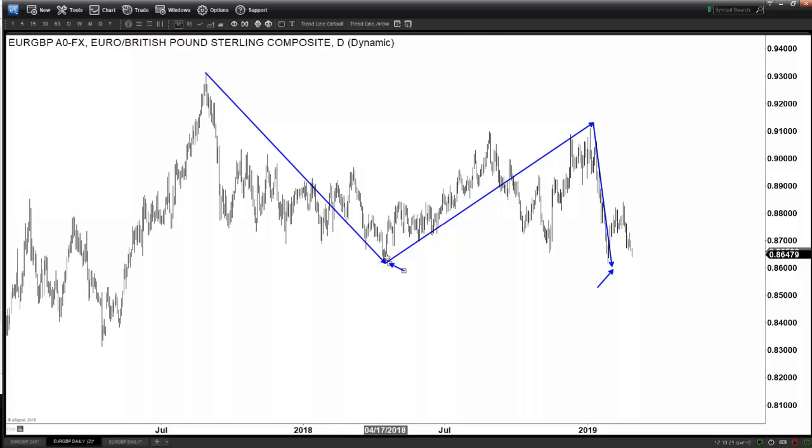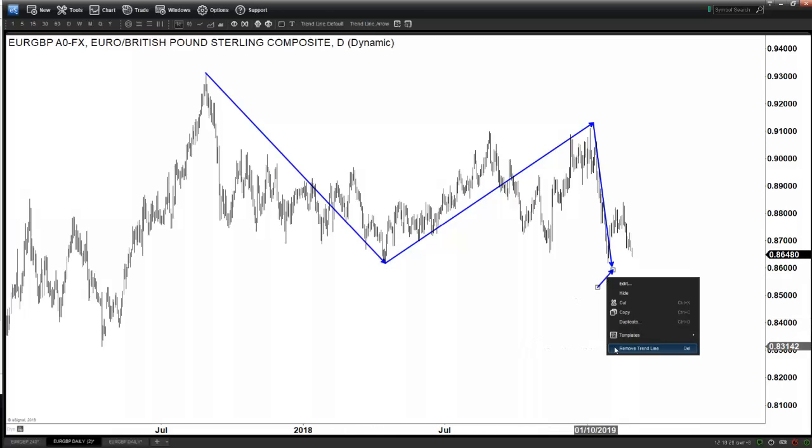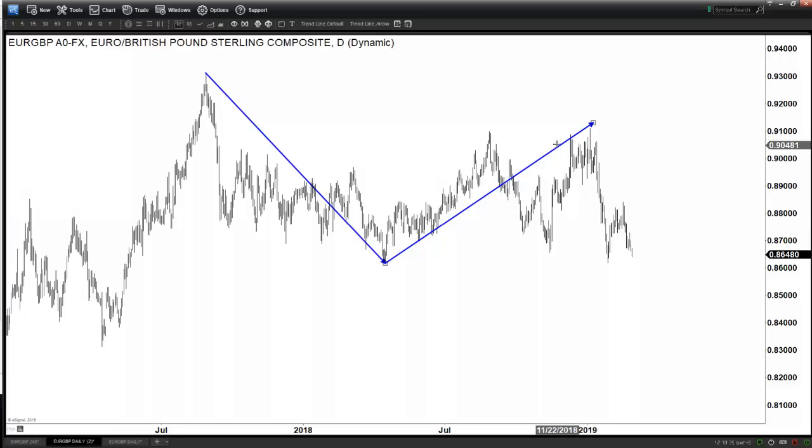So that technically means that the pair, unless it is doing some sort of a flat, can continue to go lower. The pivot is going to be this one, which is the previous high. So as far as it is below here, this sequence that starts from 2017 can continue to extend lower until the leg is equal at least.